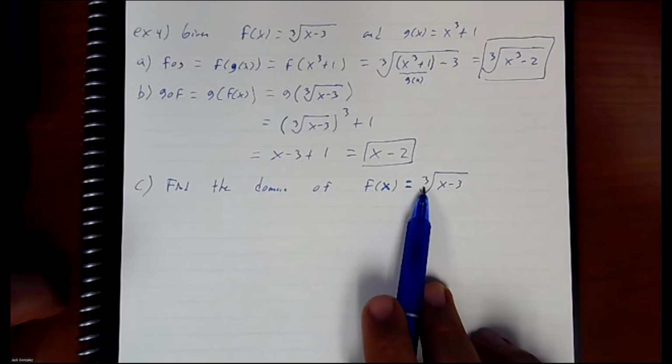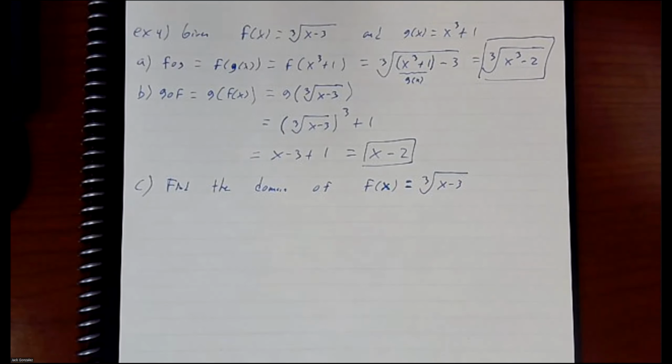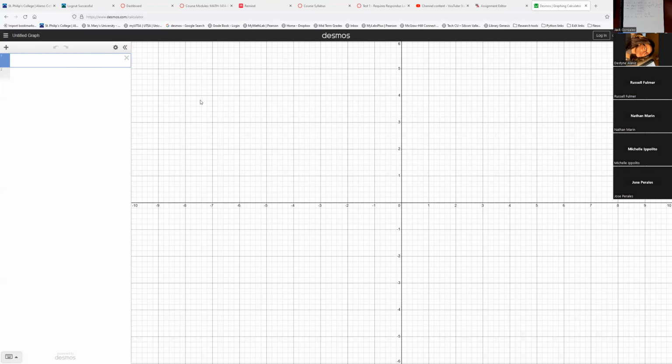It's an odd root. If you were to graph this, you'll see it. The button is for cube root.